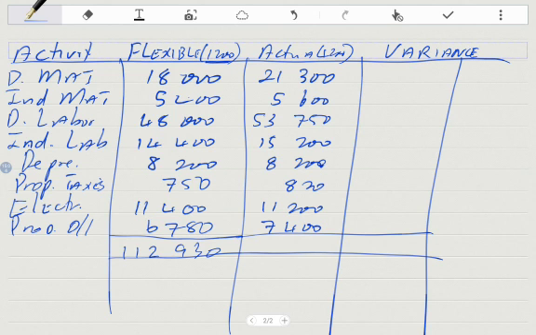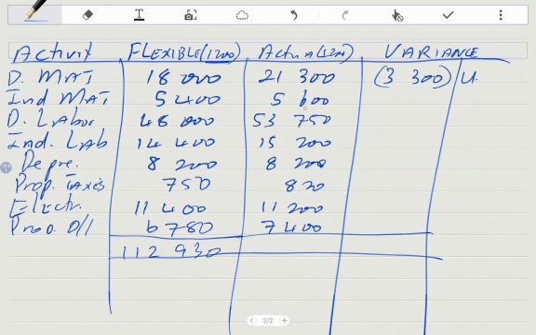So you need to do the calculations. In the direct material, the plans show we're supposed to sit at 18,000, but we are sitting at 21,300. So we've got an unfavorable result of 3,300. You can indicate that by putting it in brackets, or you put a U here. Indirect material is 5,400, but the actual result is 5,600.